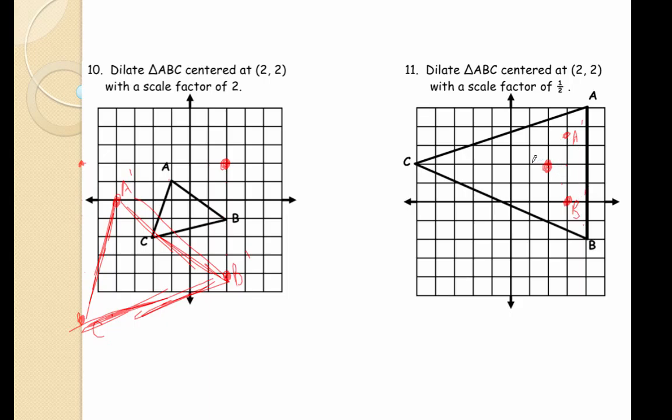And to get to C, I would have had to go over 7: 1, 2, 3, 4, 5, 6, 7. So I'm going to go 3.5. C prime. So again, if your center's in it, it'll stay in it. And if it's not, then you'll move away or toward it.